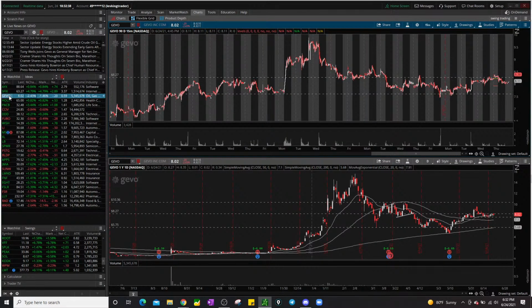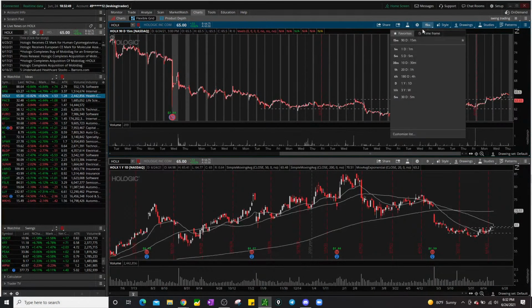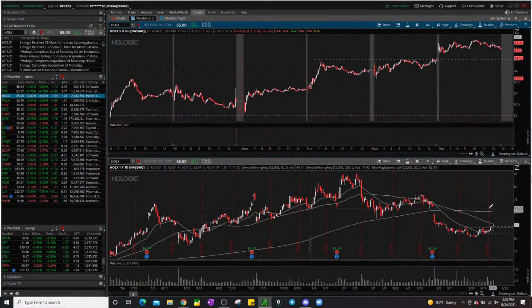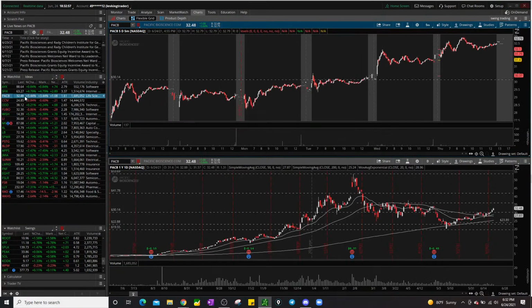Givo, it's still there, but it's, I don't know, it's such a slow mover. I'm gonna remove HOLX. Broke today, kinda already came to our target. PACB continues to perform really well. That's why you see PACB on Wednesday I put on watch list.